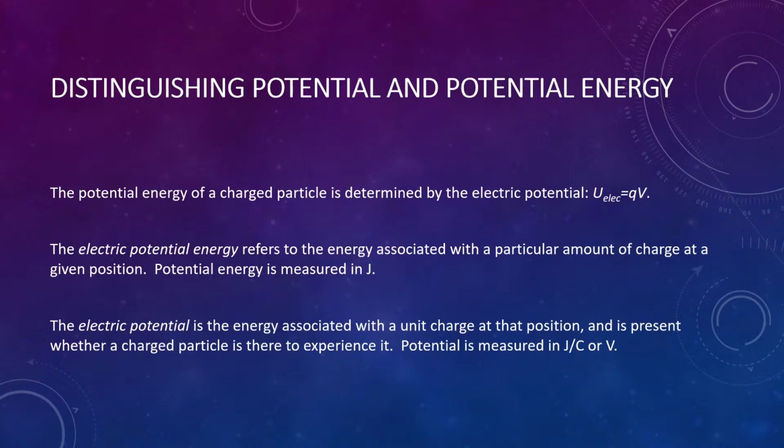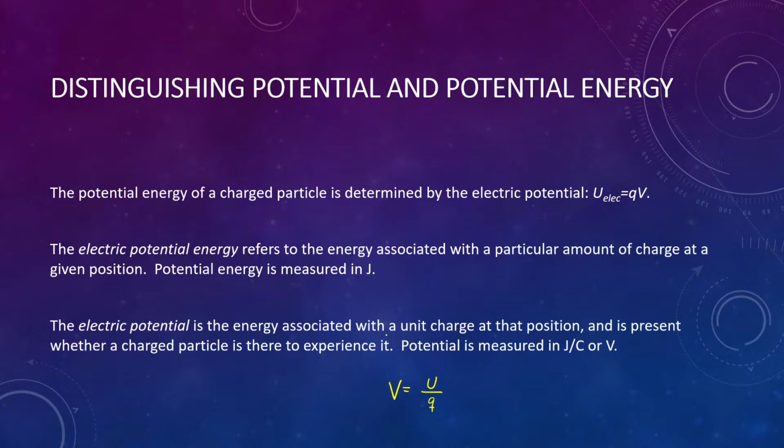If you rewrite the equation on the screen for potential, you will see that V is equal to U over Q. So by definition, our potential V is equal to the energy per charge. That's the only difference: it's the amount of energy present per charge.